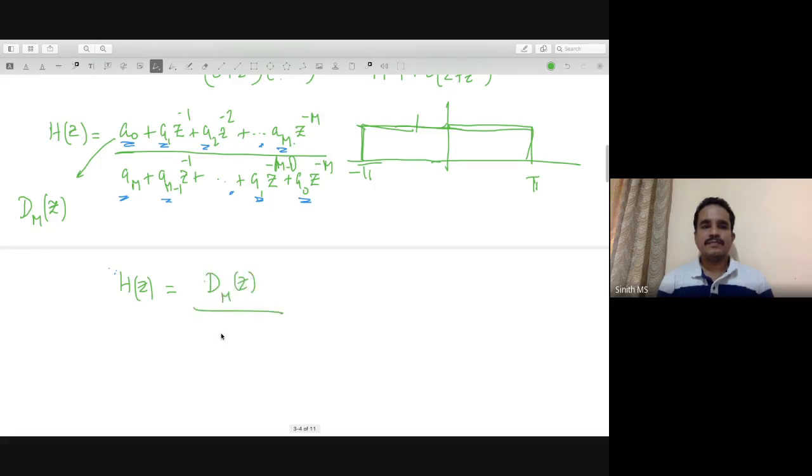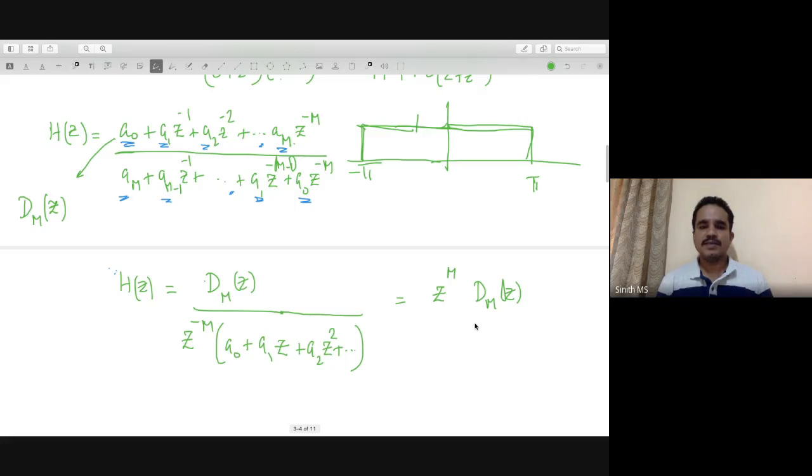by how can you write this? Suppose you take z raised to minus m outside from this. Then what do you have inside? This is a0 plus a1 z plus a2 z square plus etc. So this is the same as z raised to m, Dm(z), divided by, what is down there?